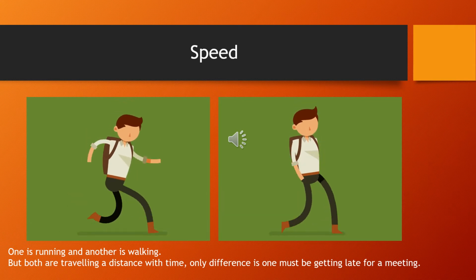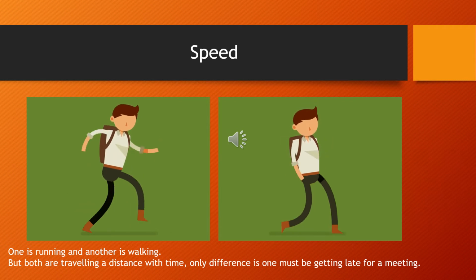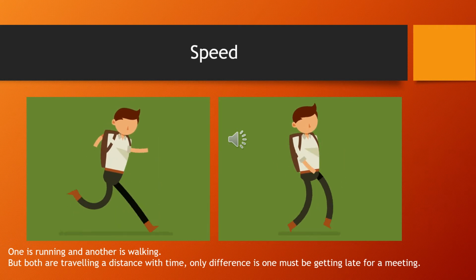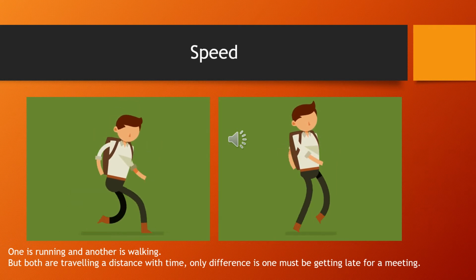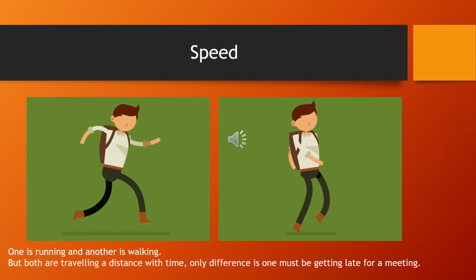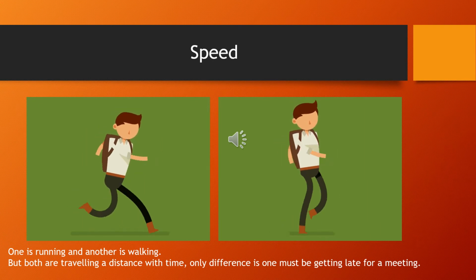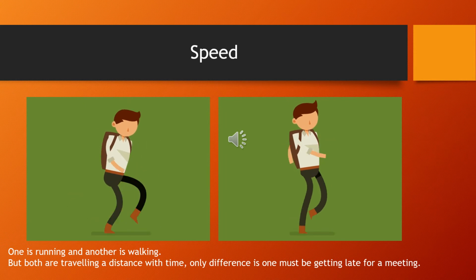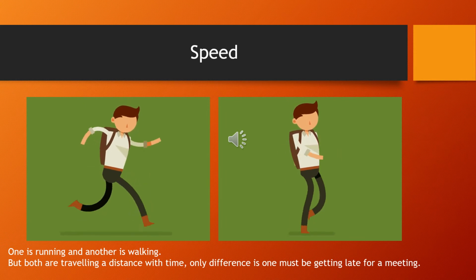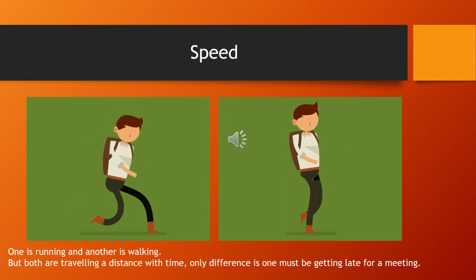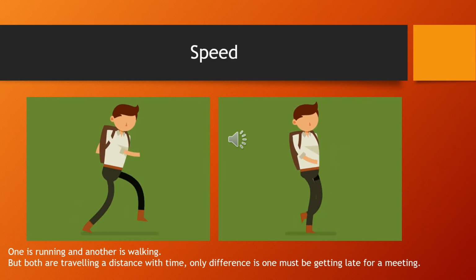The speed of a moving body tells us how fast the body is moving. Thus, the speed of a body describes the rapidity of its motion. Look at the images. One is running and another is walking.